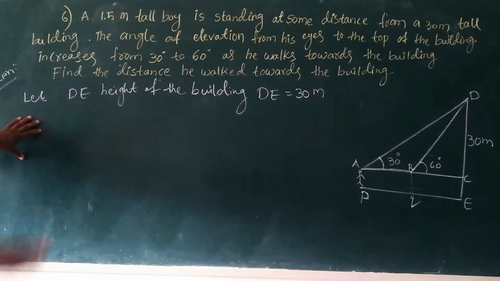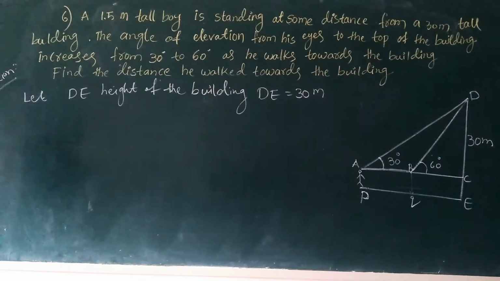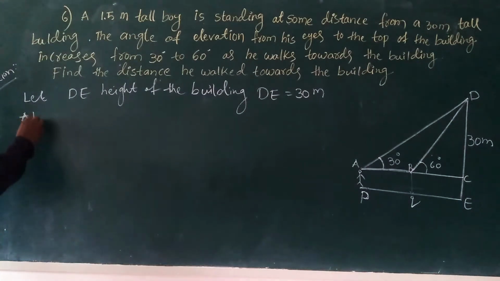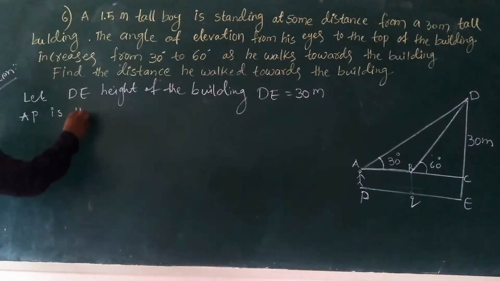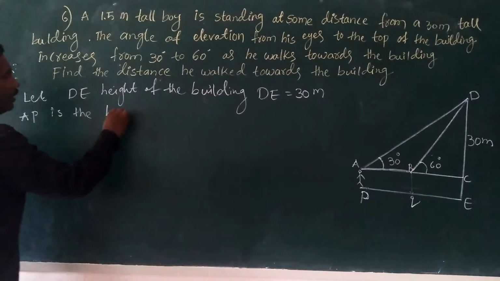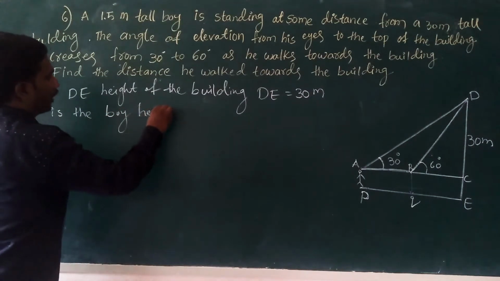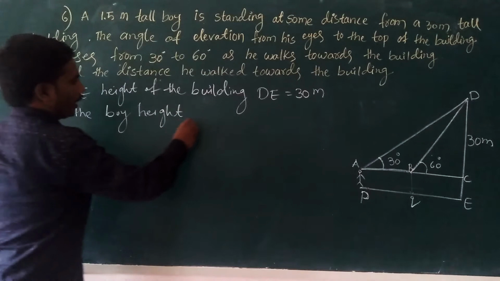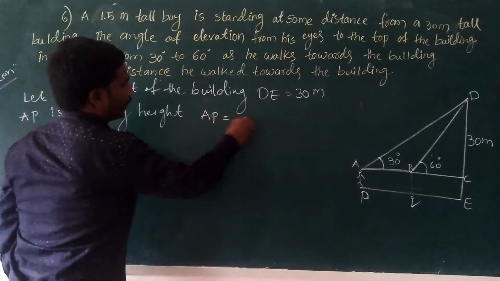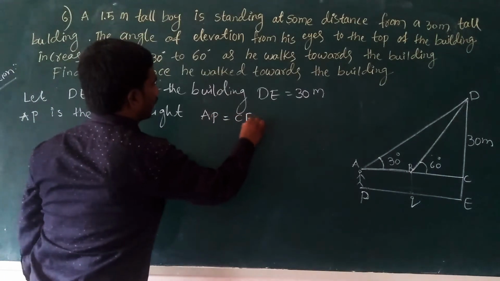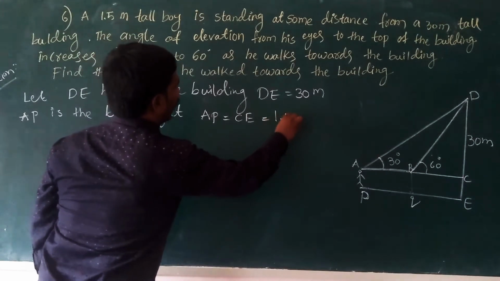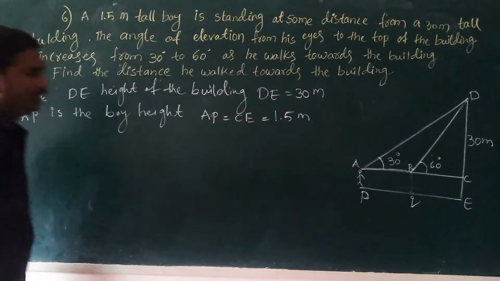Next, the boy's height AP. AP is the boy's height. How much is that? AP is equal to CE, so AP is equal to CE, 1.5 meters.